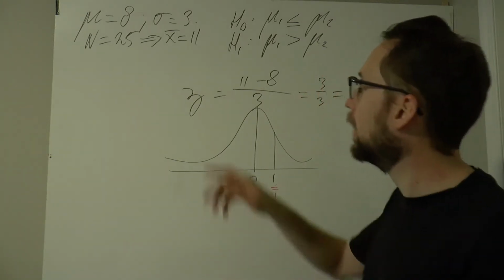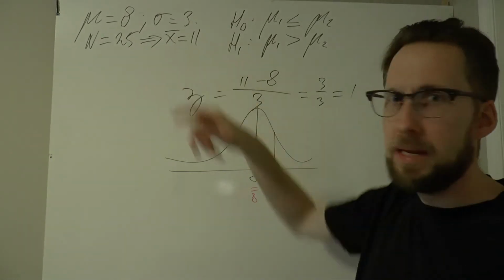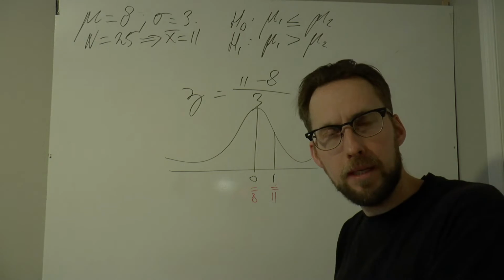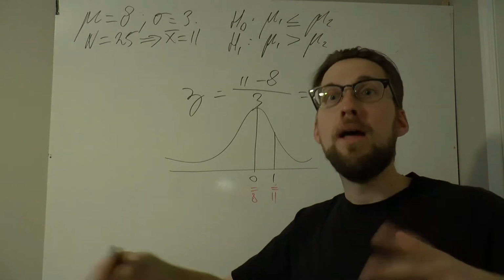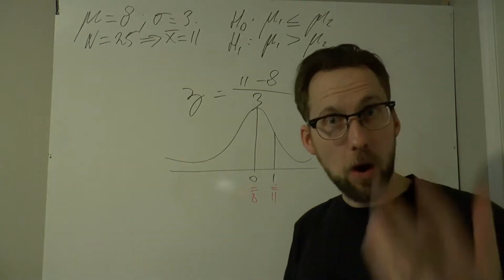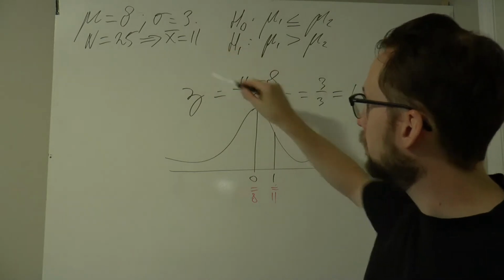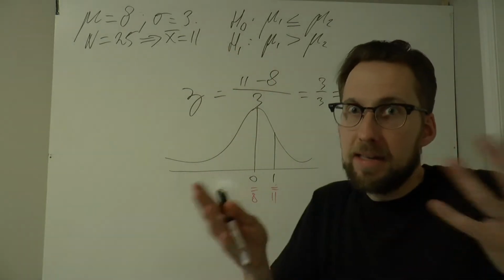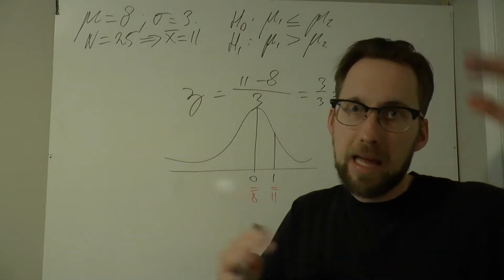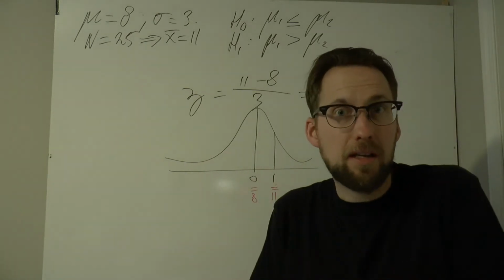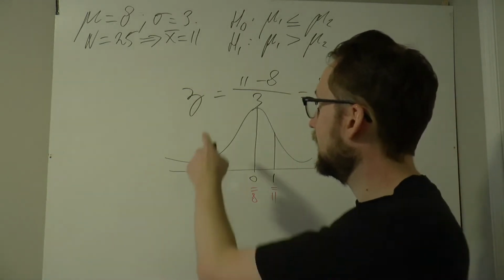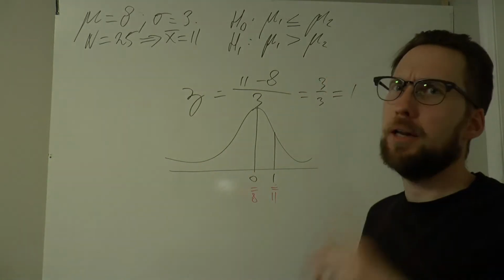I drew a sample, which has a mean, and I'm trying to figure out where that sample mean is in a distribution of sample means. It would be idiotic to see where a sample mean is in a distribution of individual observations. That is the infamous apples and pears. These are 2 completely different things. I can't compare them. But with a Z-test, not a Z-score, but a Z-test, I do something different.